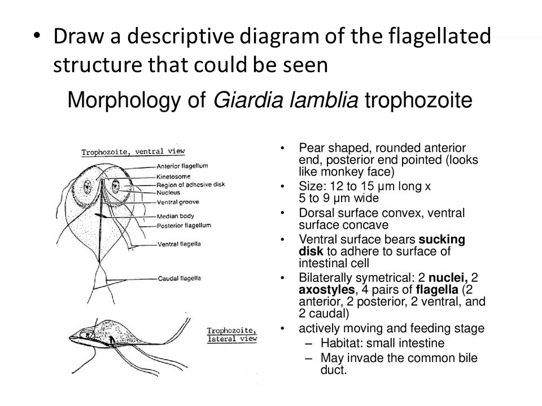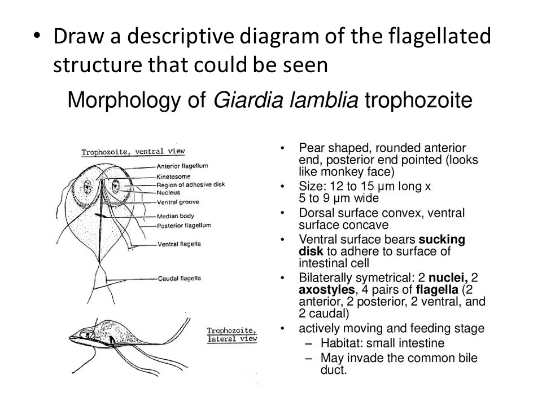Draw a descriptive diagram of the flagellated structure that could be seen. Here you have to draw the flagellated structure and describe the morphology and specific characteristics of this structure. When drawing, you have to consider the shape of the parasite. It is pear or teardrop shaped, the anterior part is rounded and the posterior part is pointed.